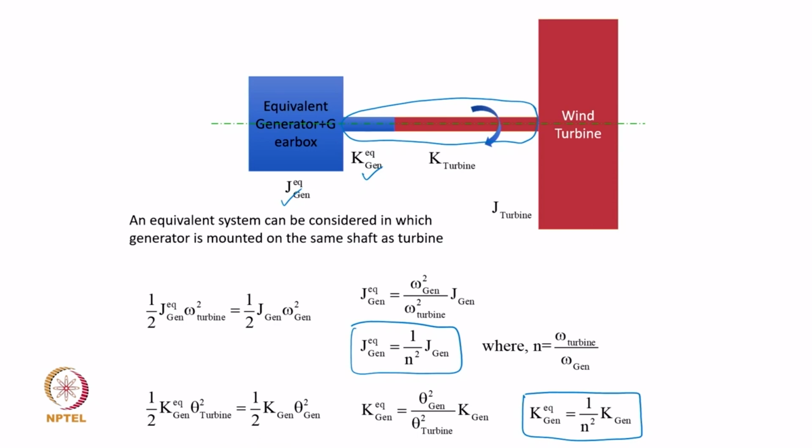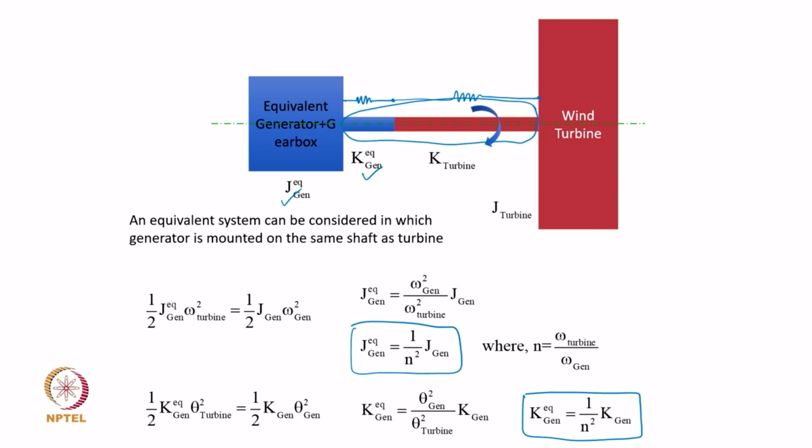turbine. All right. So, we know that this shaft can be one spring, a torsional spring here, and then there is another spring here representing the turbine shaft, and they are in series.